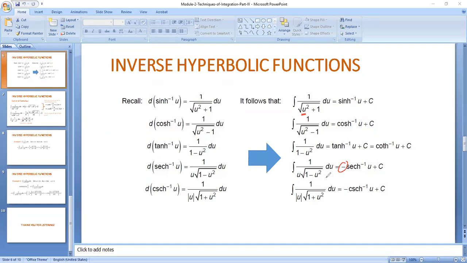Okay, if it's inverse hyperbolic cosecant of u, it will also be negative, and instead of having the minus here, you have the plus. These are the 6 primary forms of the integrals yielding these inverse hyperbolic functions.